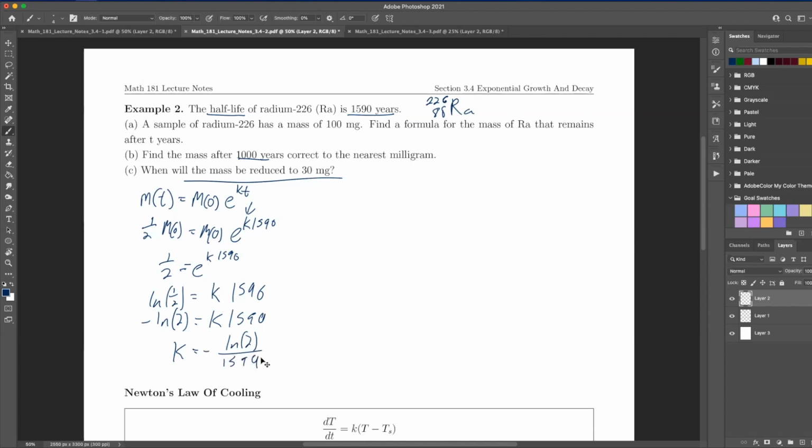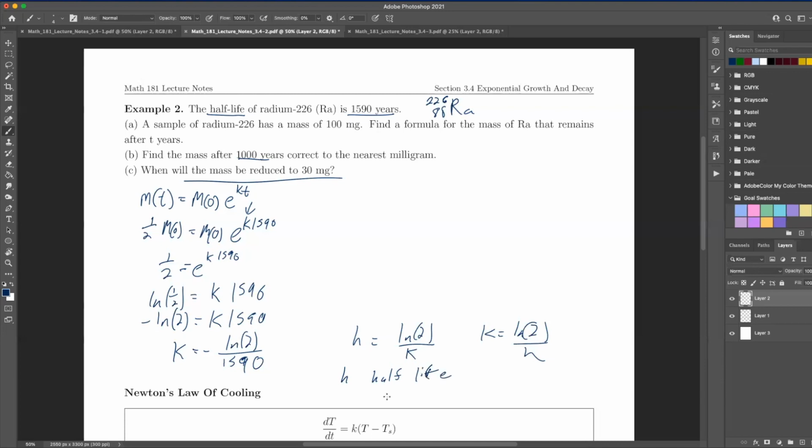Your book doesn't give you this, but if I have a half-life h, then h is equal to ln of 2 divided by k, or k is equal to ln of 2 divided by the half-life, where h is the half-life, and a half-life is how long it takes to decay by half.